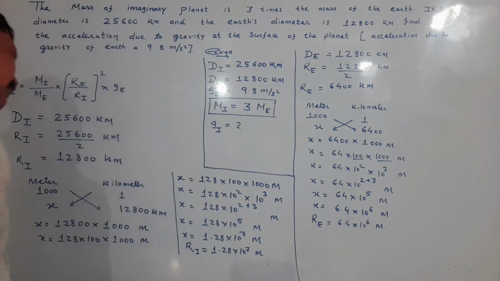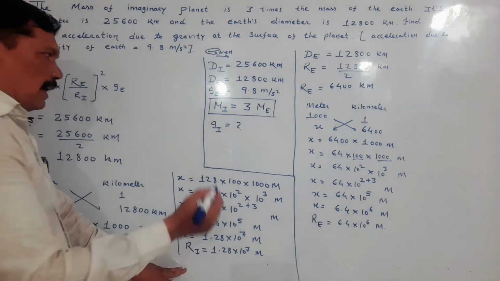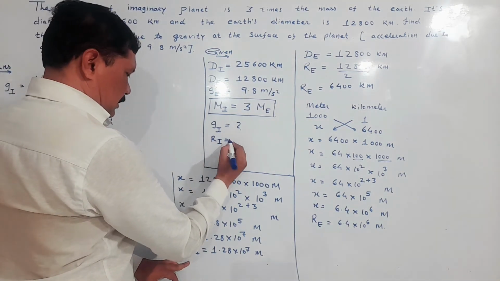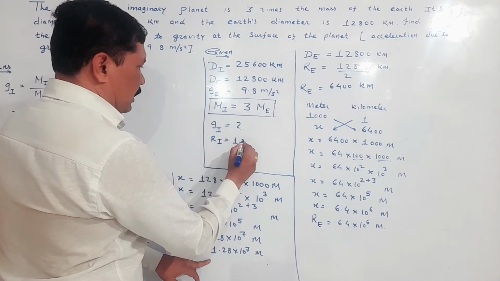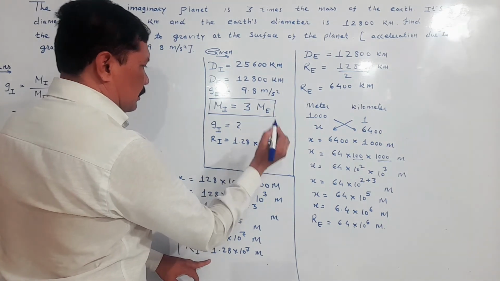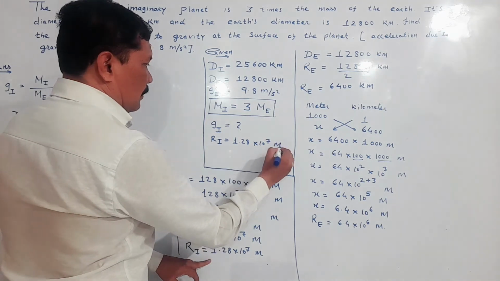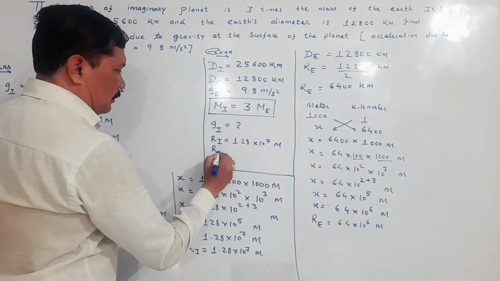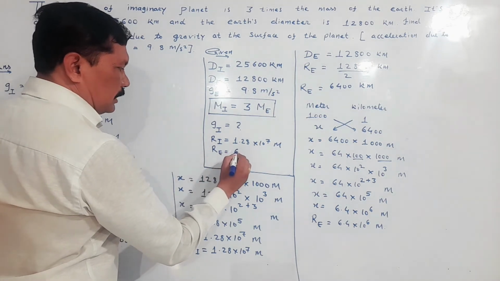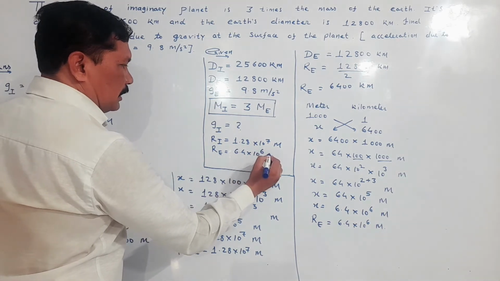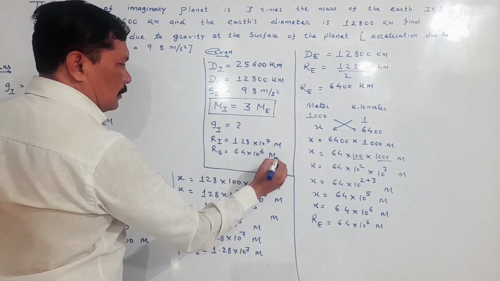So my dear student, here we have found Ri and Re. That is, Ri is equal to 1.28 into 10 to the power 7 meter, and Re is equal to 6.4 into 10 to the power 6 meter.